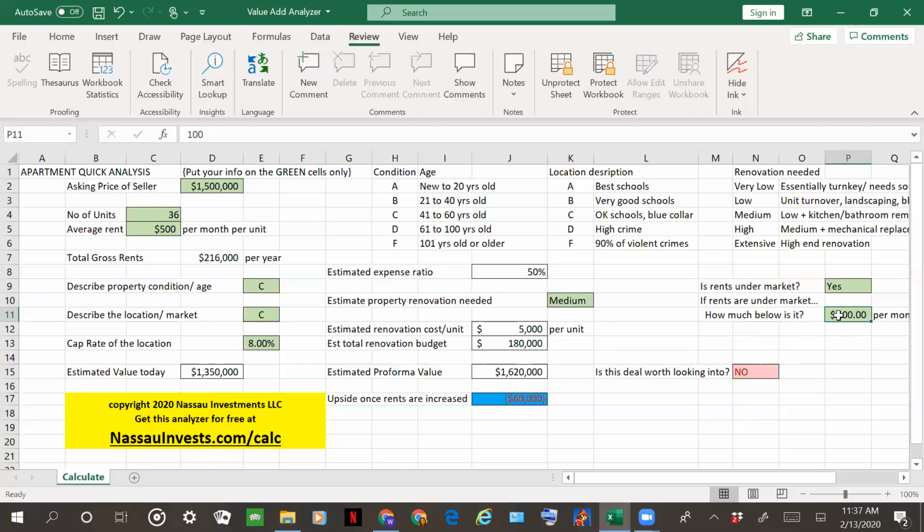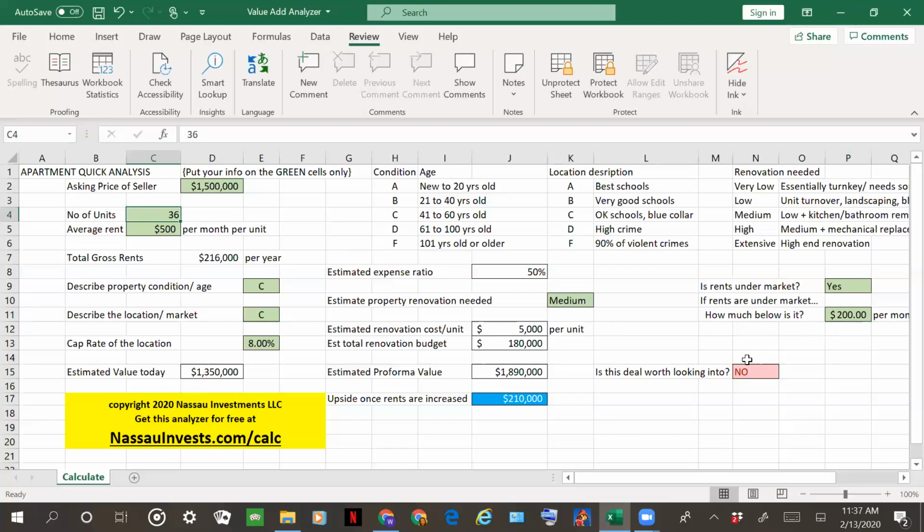However, let's experiment with this and say that we can increase the rent by $200 per month per unit. Yes, there is a $210,000 upside. However, this doesn't pass Mike Ealy's minimum threshold, and the deal is still not worth looking into.